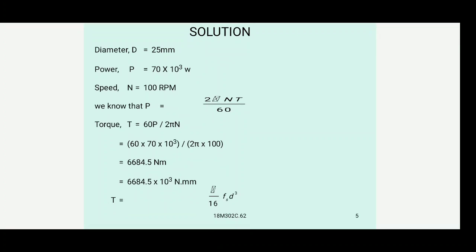We know that P is equal to 2 pi N T by 60. Torque T is equal to 60 P by 2 pi N, that is equal to 60 into 70 into 10 to the power of 3 by 2 pi into 100, that is 6684.5 Newton meter.